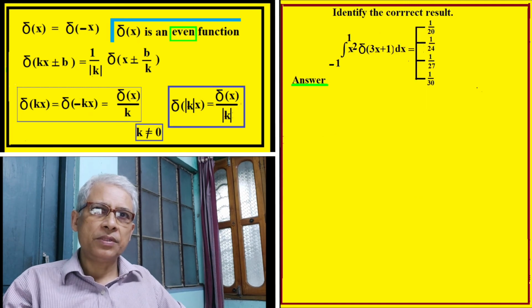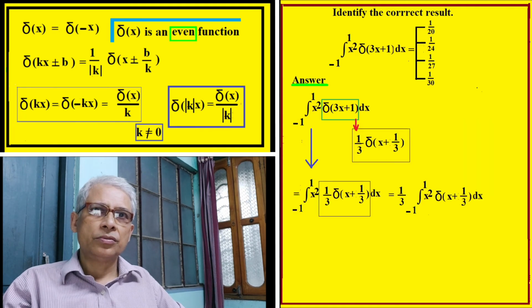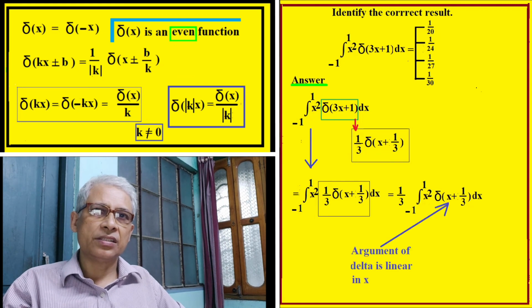Now let us take up a multiple choice question. We focus our attention on the argument of Dirac delta, and it is 3x plus 1. So let us take help of the formula shown in the red box, and we get Dirac delta of x plus 1/3 with 1 by 3 coming out. With this we have the integral as shown, and we see that it involves Dirac delta of x plus 1/3.